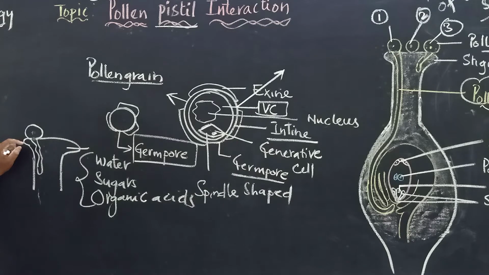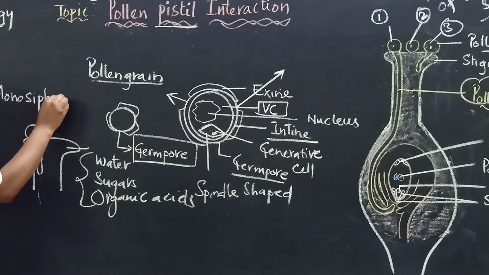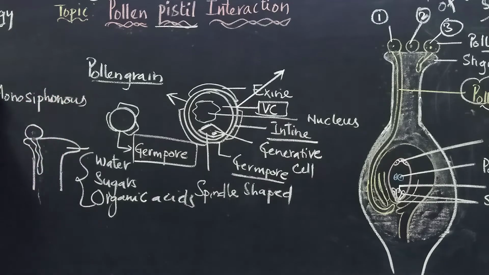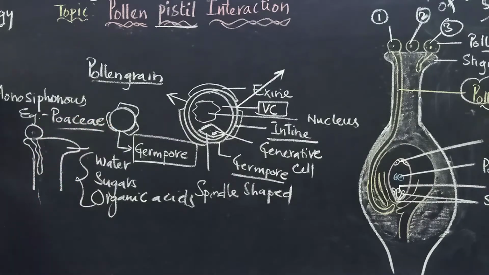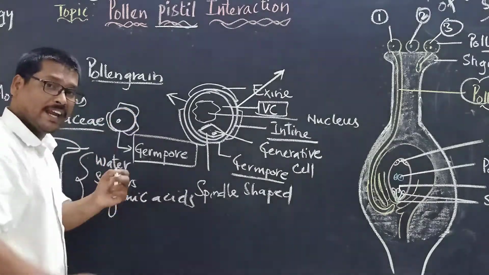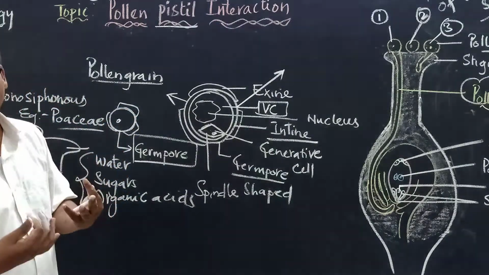If it is formed from only one germ pore, it is called monosiphonous. This is seen very clearly in the Poaceae family. Sometimes the pollen grain may produce many pollen tubes.